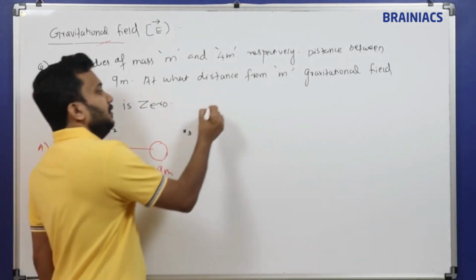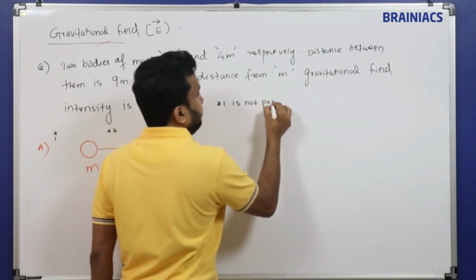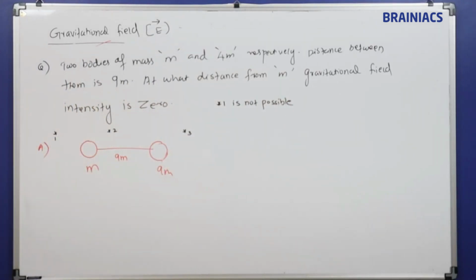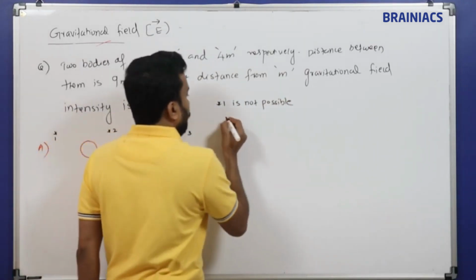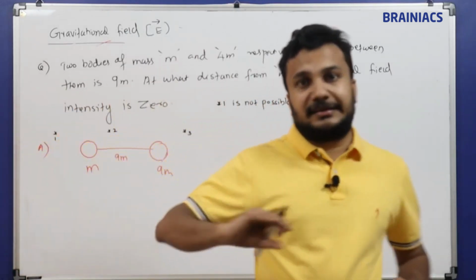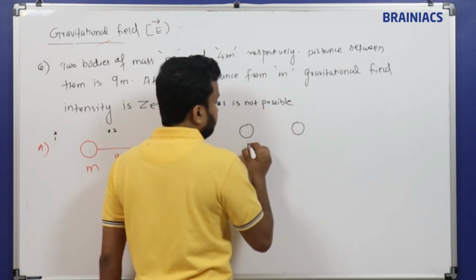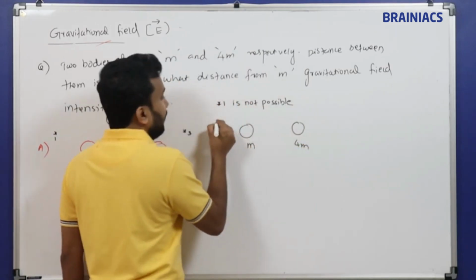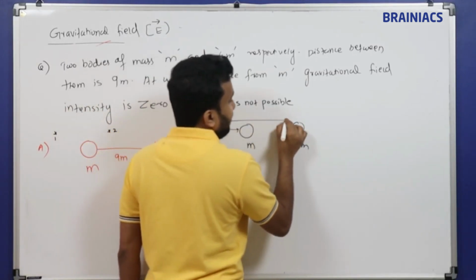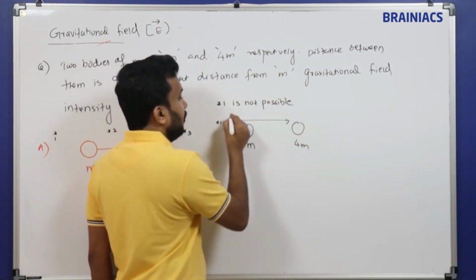I am saying point 1 is not possible. If I consider one point, from that point gravitational force is attracted towards the body. If I consider point number 1, then m will be here and 4m will be here. So from this point 1, there is an attractive force towards this mass and there is an attractive force towards this mass. So there are two gravitational field intensities, E1 and E2.